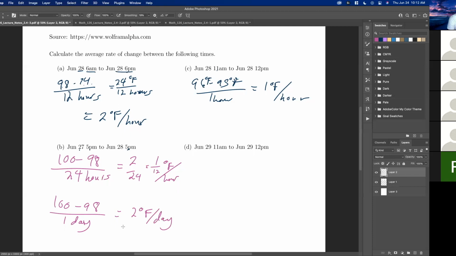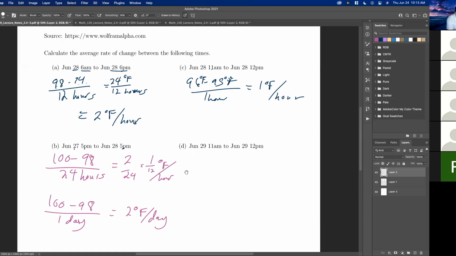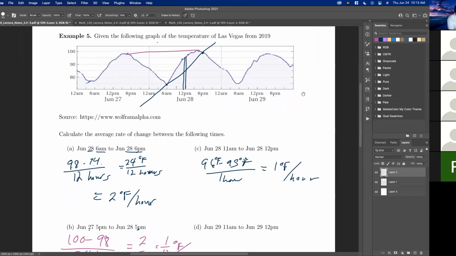That makes a little bit more sense, because that means as we go further and further in the summer, it's going to get warmer and warmer. So while this average rate of change is not very useful written as per hour, if we write it as per day, it tells you how things go from day to day.